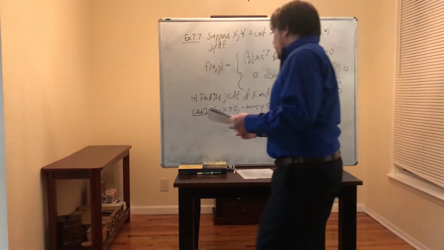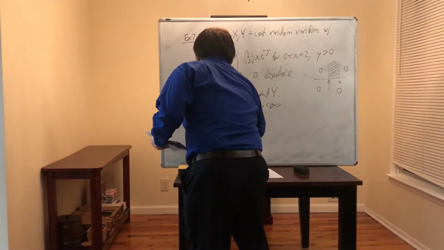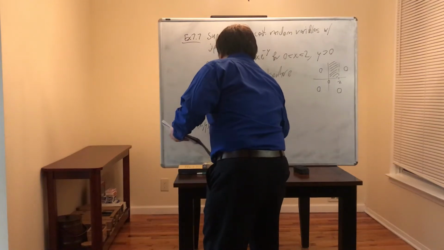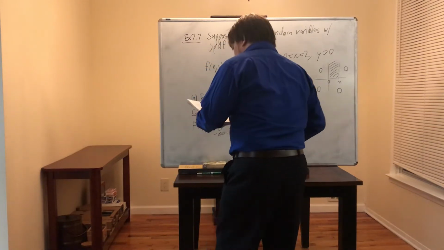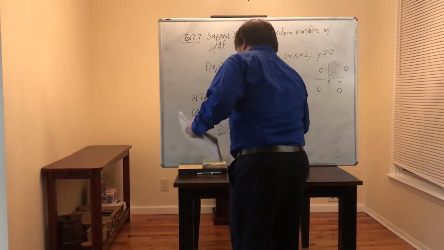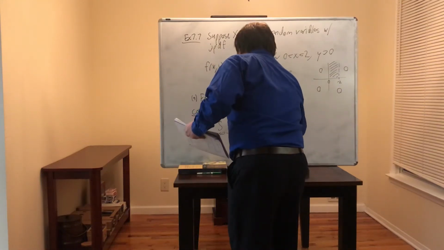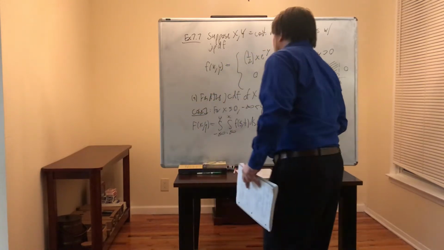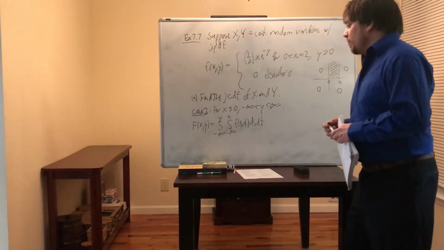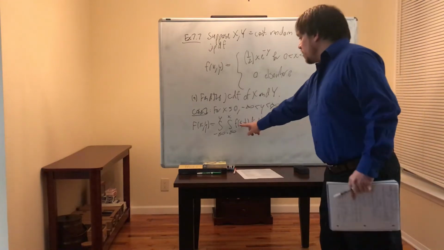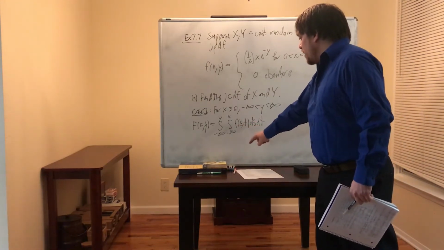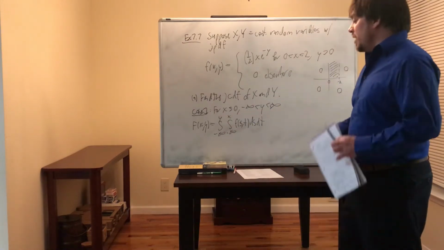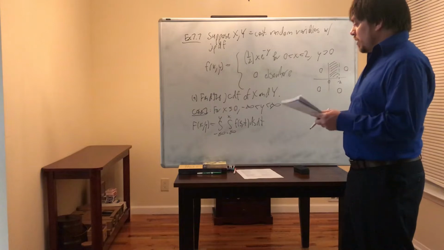So capital F of x comma y in that case would be equal to the integral from negative infinity to y and the integral from negative infinity to x of f of s comma t ds dt. This is the probability that capital X is at most little x and capital Y is at most little y for a continuous random variable.